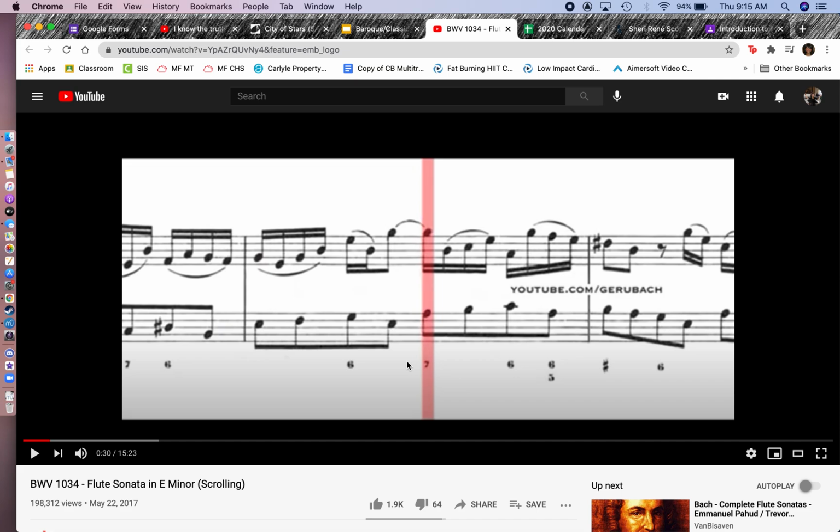Okay, there's the third instrument that we haven't deciphered yet. So do your best to guess what it is. It's a little bit hard to hear though. This instrument is playing the low notes down here, the dum dum dum dum. So you have to listen very carefully, see if you can hear what the low instrument is.